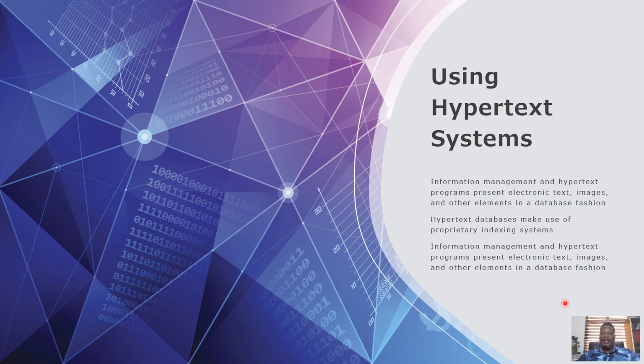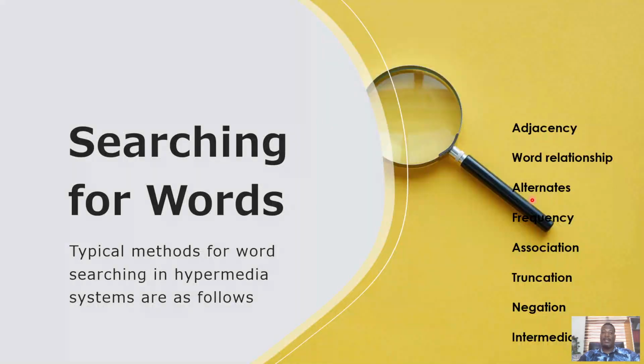And again, hypertext databases make use of a proprietary indexing system, which is very crucial whenever we talk about the hypertext system. Information management and hypertext programs usually present electronic text, images, we're talking about hyper images, and also other elements in a database fashion.